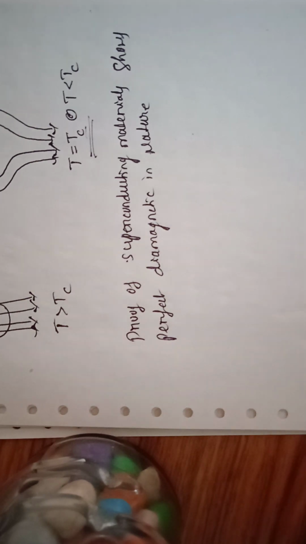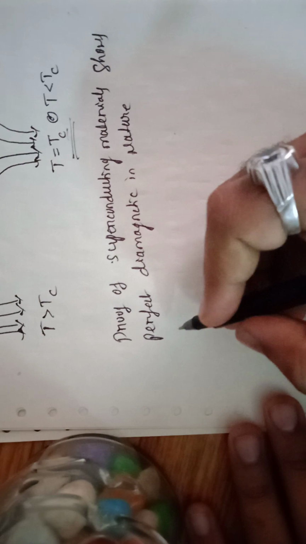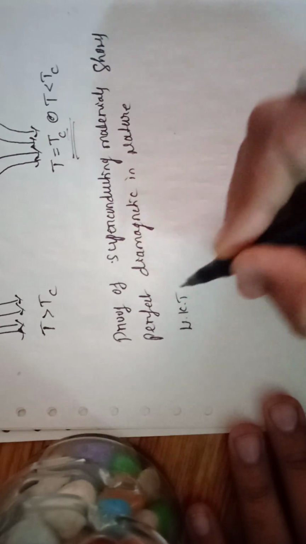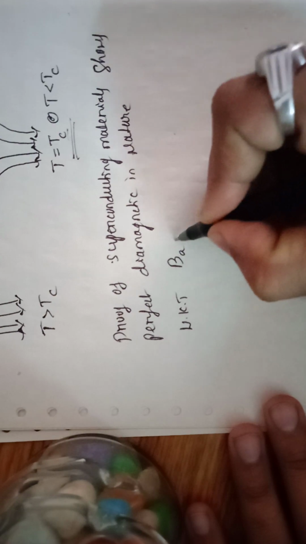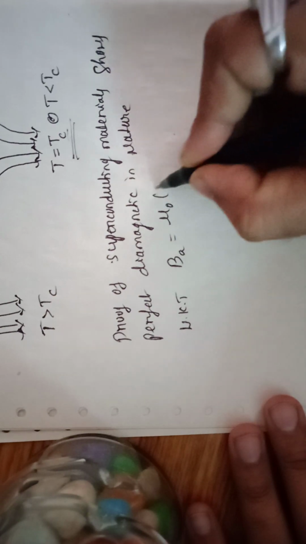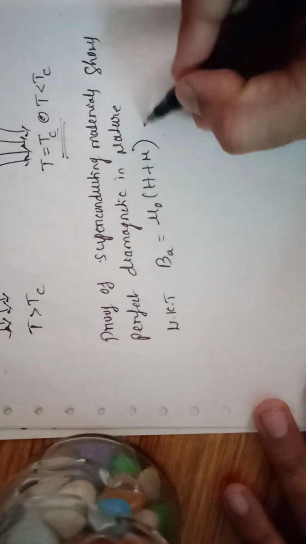How do you prove this diamagnetic nature of superconductors? We know from the magnetic properties of materials that B_A is equal to mu naught (H plus M). So this is equation 1.